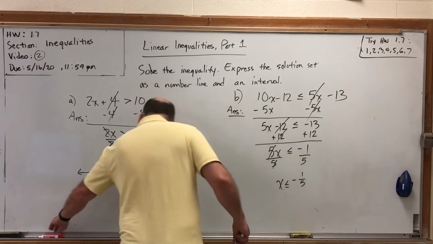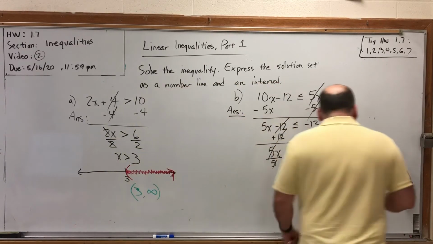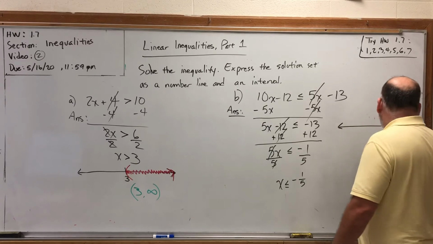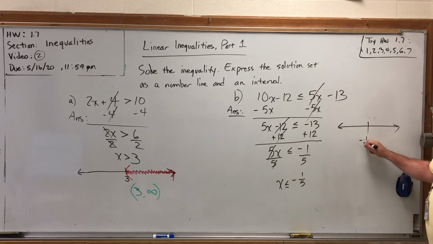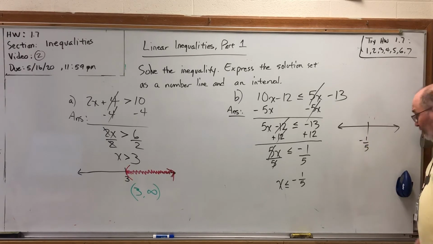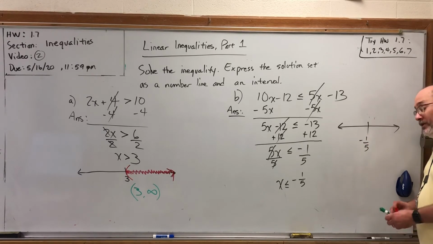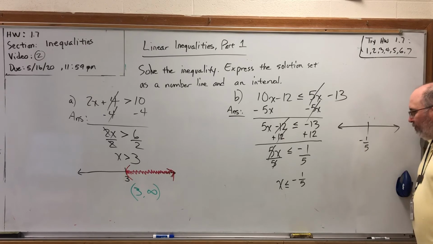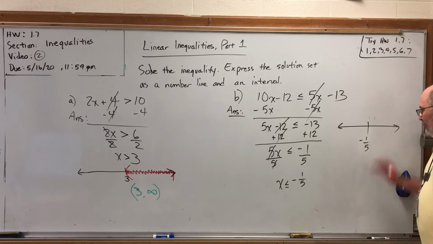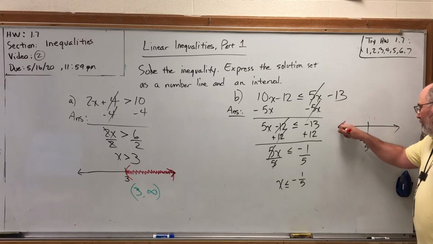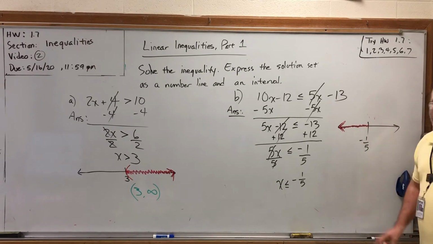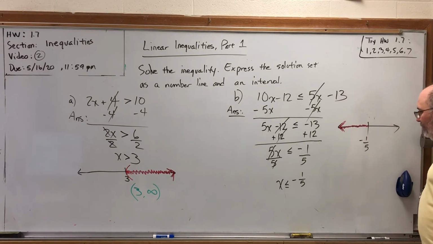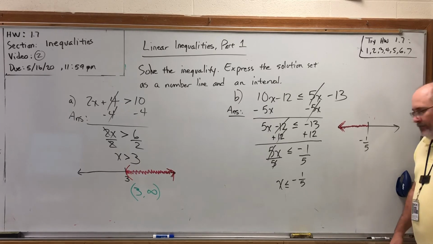For the number line, well, think about the number line. First, let's locate negative 1/5. There it is. Again, when you're looking for a single number, you can put any number in the middle that you want. Where are the numbers that are less than that? Well, to the left of it. Shade into the left. And at the boundary point at negative 1/5, do we want to include it?